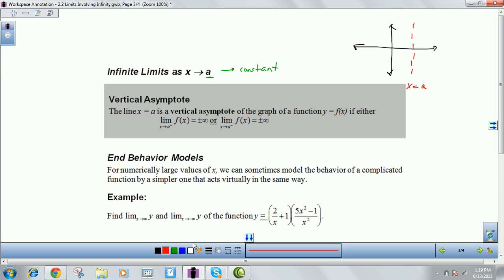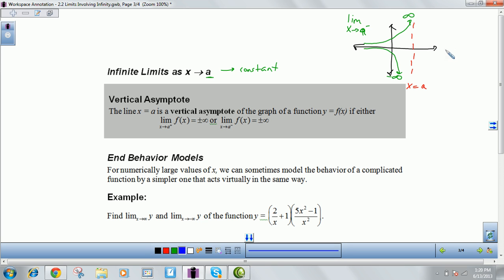As your function approaches it, your function can either go in the positive infinity direction or your function can go into the negative infinity direction. And now here's the tricky part. That's coming from the left, so it's the limit as x approaches a from the left. It can be positive or negative infinity.